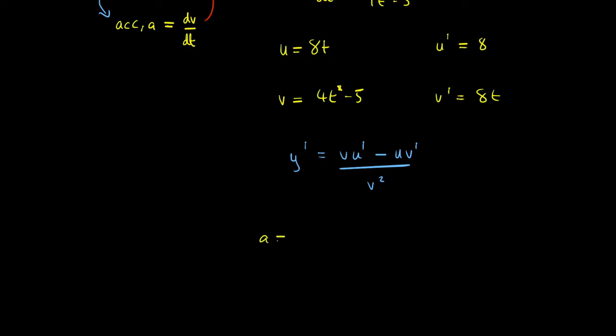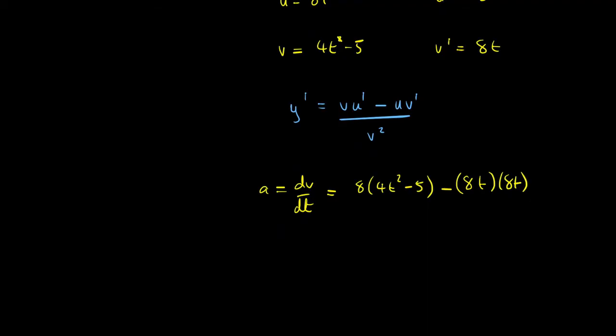Acceleration is dv/dt, and therefore we've got v times u prime, so that's 8(4t² − 5), minus u v prime, which is 8t times 8t, all over v squared, which is (4t² − 5) all squared.